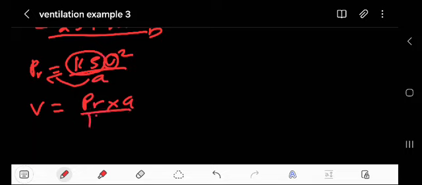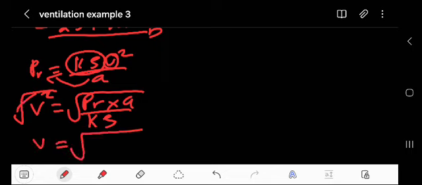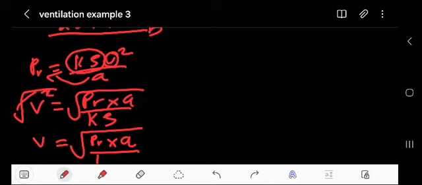Remember, you have the square on the left, so take the square root of both sides. The square and the square root cancel, leaving V equals the square root of PR multiplied by A over K multiplied by S.